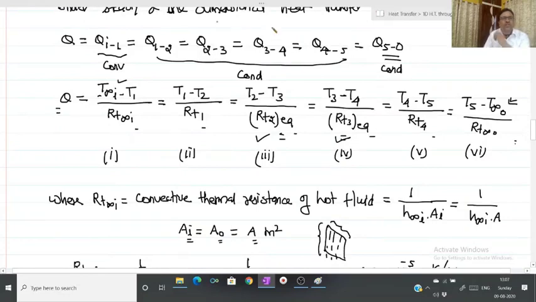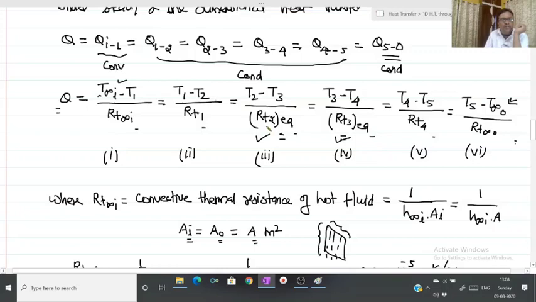Now in these equations, T2 is appearing in equation number 2 and 3. So let's say if I use equation number 2, Q is known to me, T1 is known to me, RT1 is known to me, so I can calculate T2.